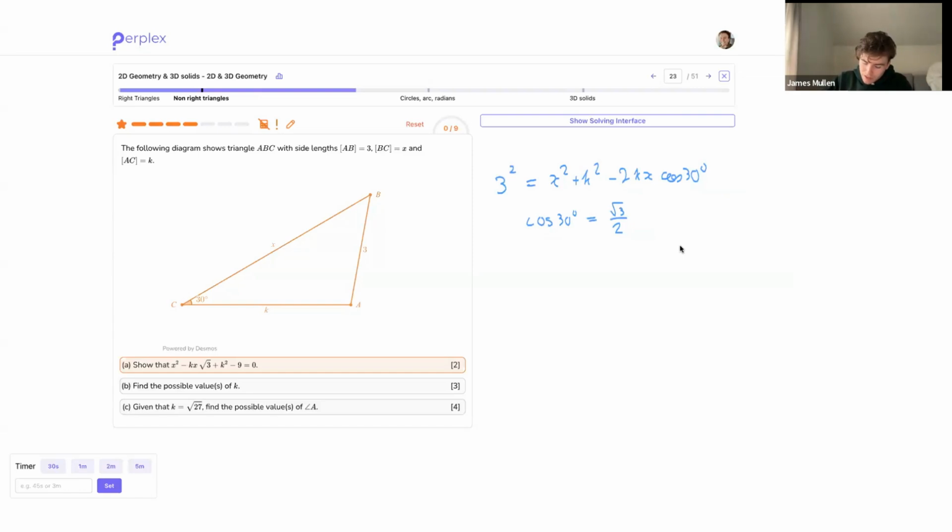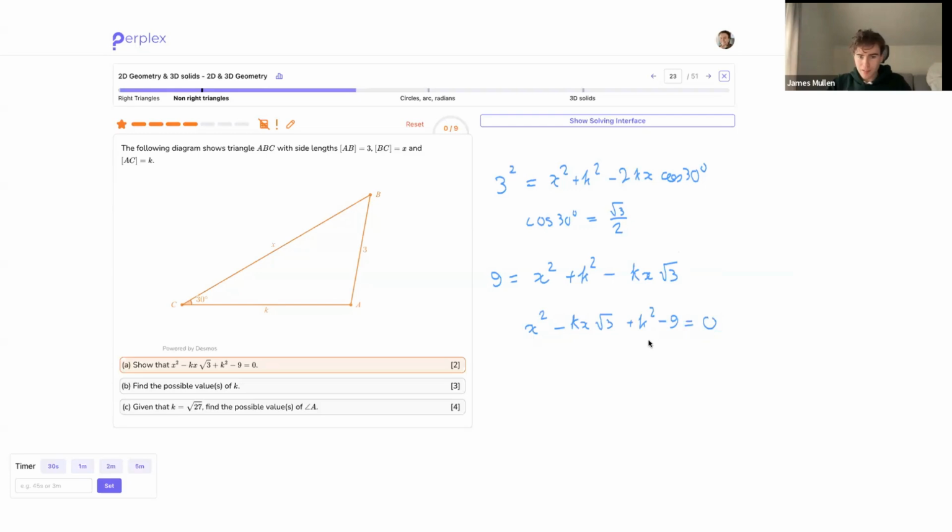But in any case, this becomes 9 is equal to x squared plus k squared minus, and if I multiply 2 times root 3 over 2, I just get minus kx root 3. Now all I have to do is simplify this to a quadratic: x squared minus kx root 3 plus k squared minus 9 is equal to 0.